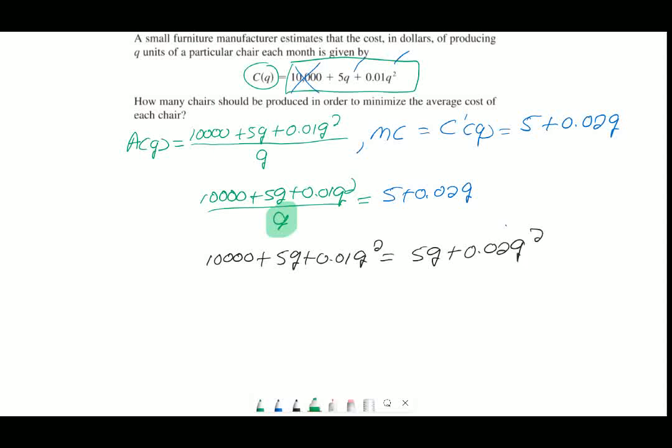And what's really interesting here is this 5Q and this 5Q can eliminate each other by subtracting it from both sides. And then I'm going to move my Q squareds over to this side with subtraction, leaving me 10,000 on the left and 0.01Q squared on the right.